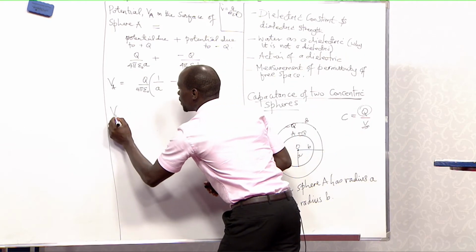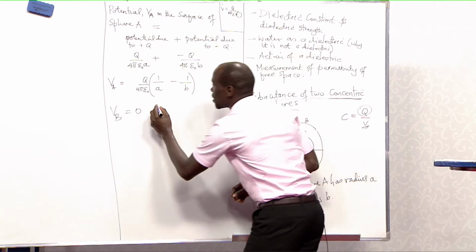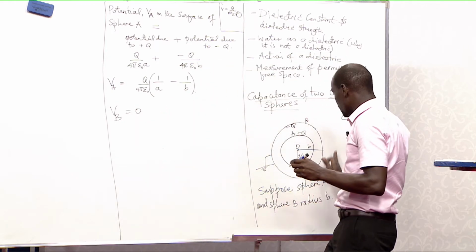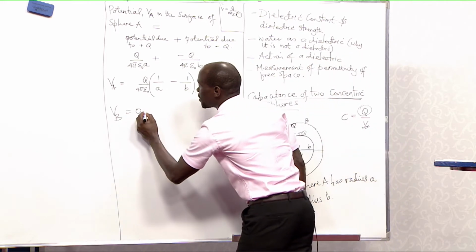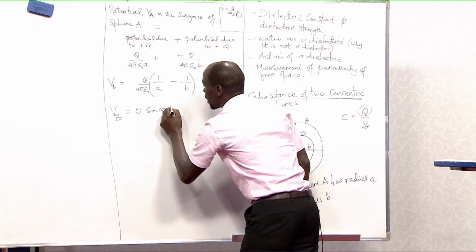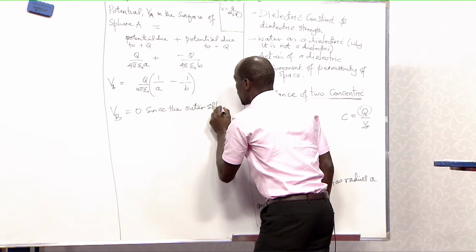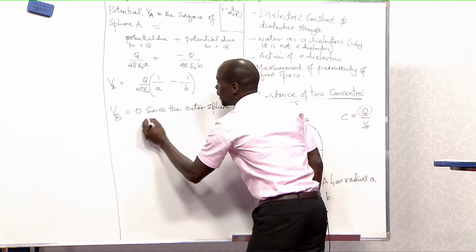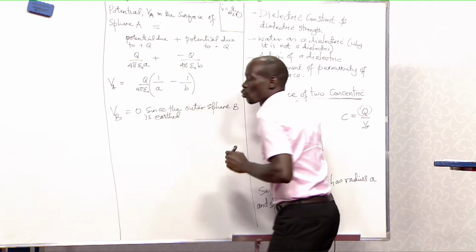So VB is 0. And why is it 0? It is 0 because our outer surface, as you can see, is earthed. So we shall say VB is 0 since the outer sphere B is earthed. So what does that mean?